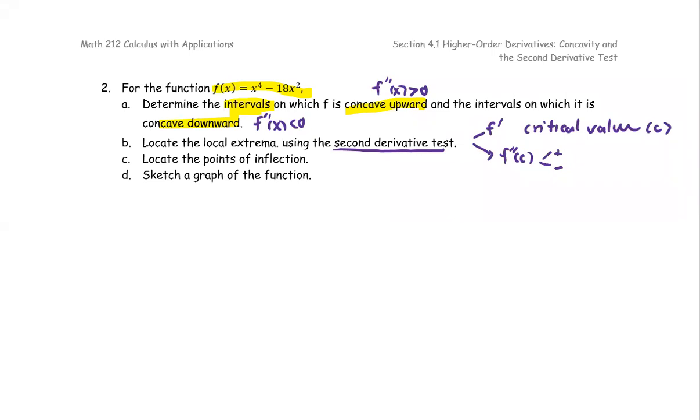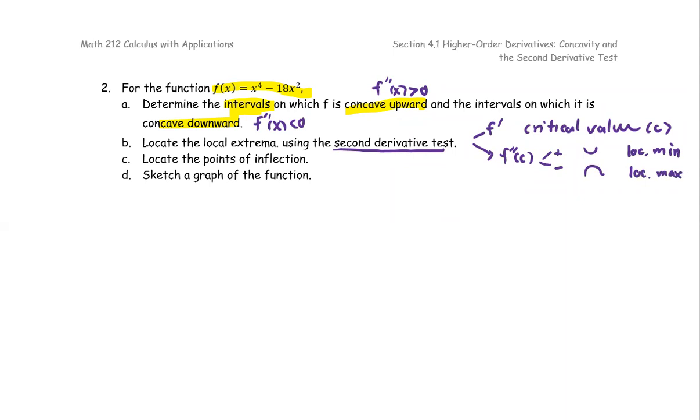If the sign is positive, positive is happy, right? It gives you a local minimum. A negative sign, not happy, gives you the local maximum. This is a real short version of the second derivative test.